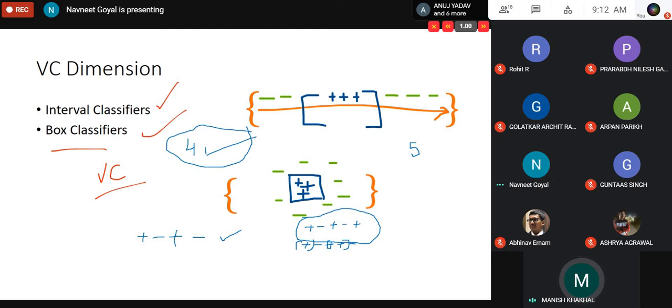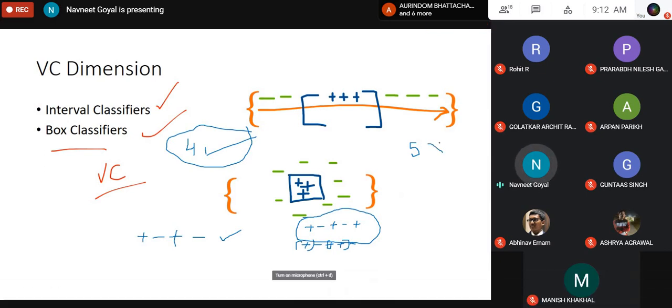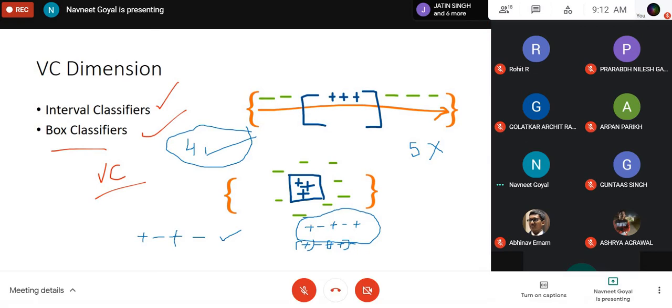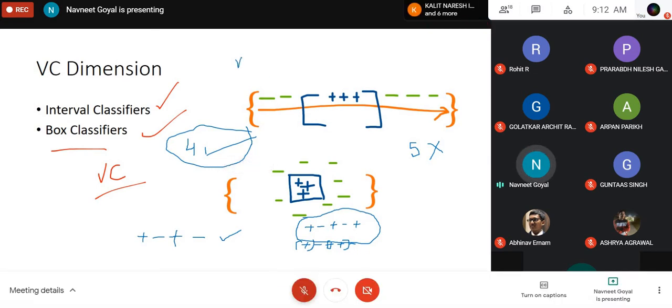We can't, right? So all of you are able to understand this. So 5 points we are not able to shatter. Okay, so VC dimension for union of two intervals is 4.